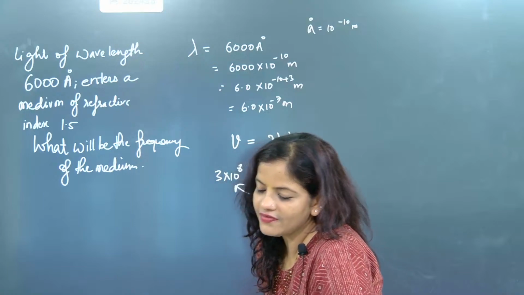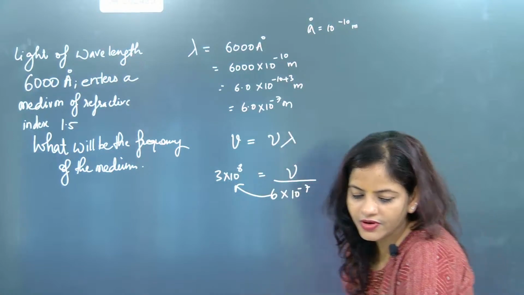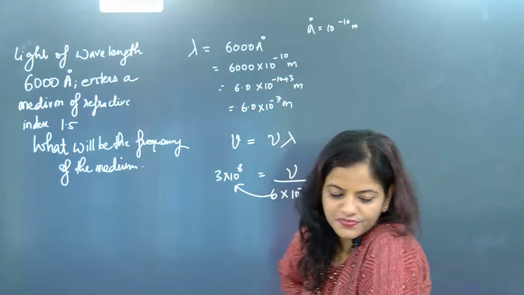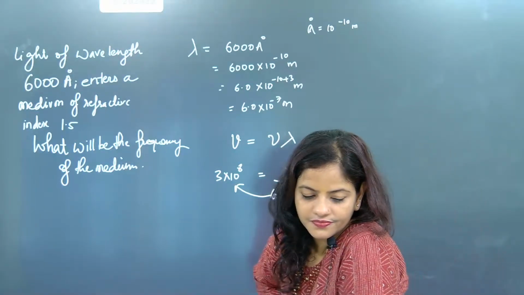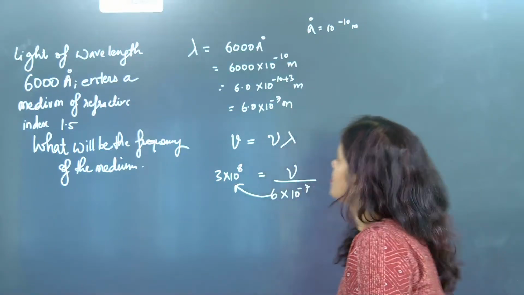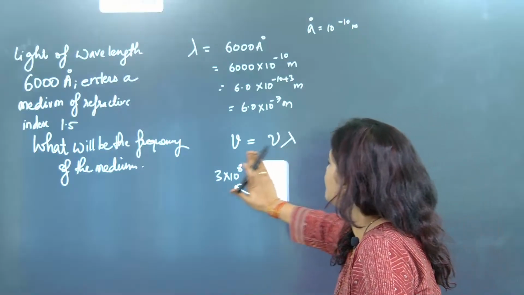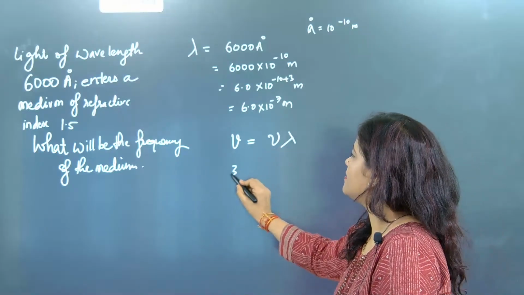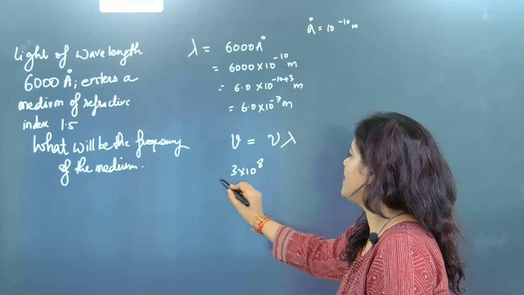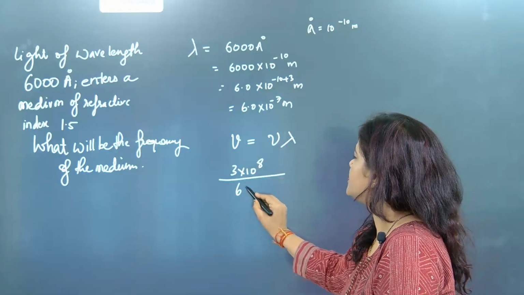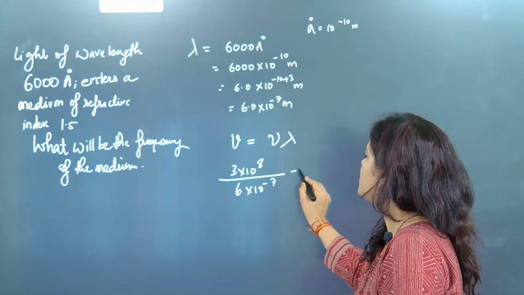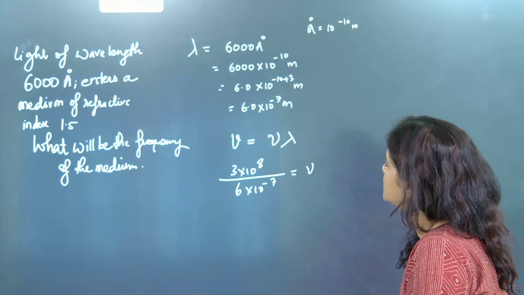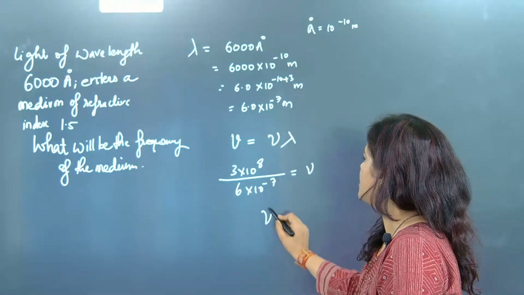Yes, Kritika, 5 into 10 to the power, how much is it coming? Frequency we need to find now. So here it is exactly 3 into 10 to the power 8 divided by 6 into 10 to the power minus 7. You are absolutely correct. Now we will only be solving it.